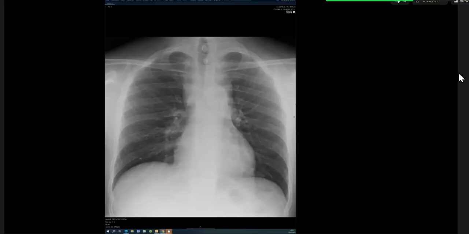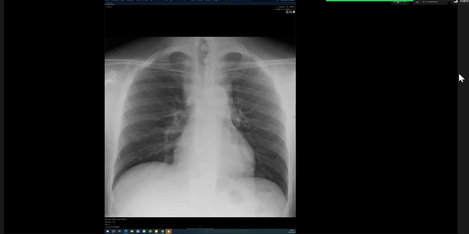How old is the patient? 45. Okay, so in a patient with weight loss and night sweats, 45 years old, I think my top differential for these appearances would be lymphoma. Other differentials which are less likely would include thymic malignancy.